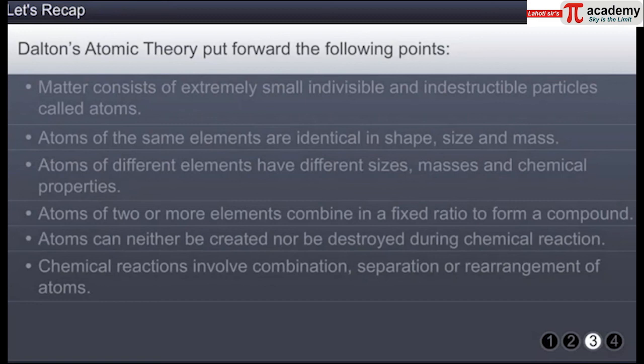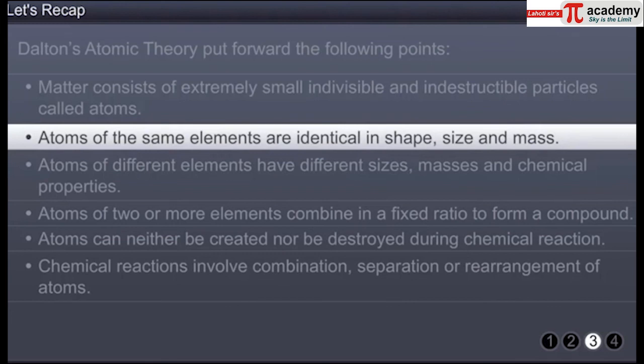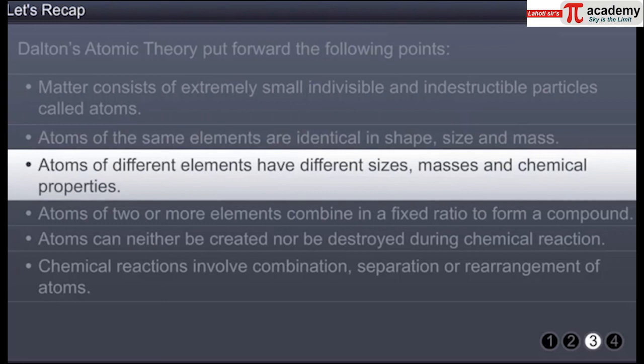Dalton's atomic theory put forward the following points. Matter consists of extremely small, indivisible and indestructible particles called atoms. Atoms of the same elements are identical in shape, size and mass. Atoms of different elements have different sizes, masses and chemical properties.